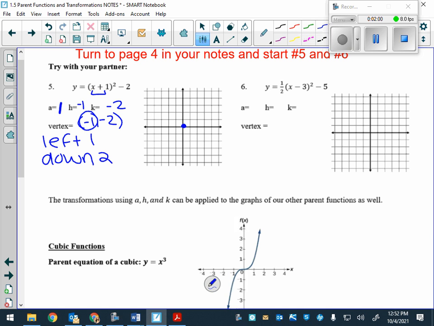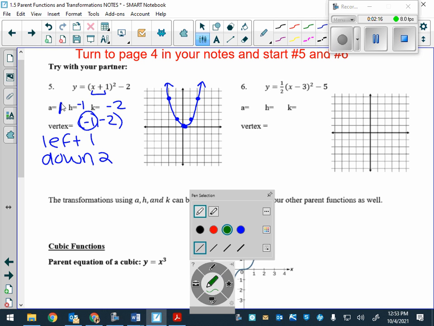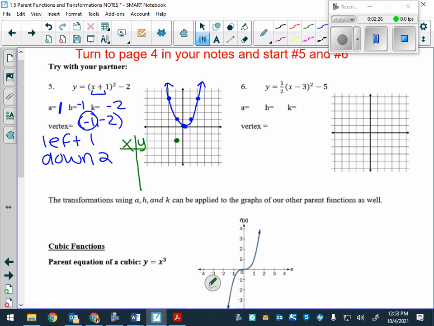So again, if here is my parent function, and that's from the pink sheet, here's my quadratic, okay? And I am moving it left 1, down 2. That means all those points are moving as well. If you wanted to, you could put your new vertex in the middle of a table of values and choose 2 values to the left and 2 values to the right.